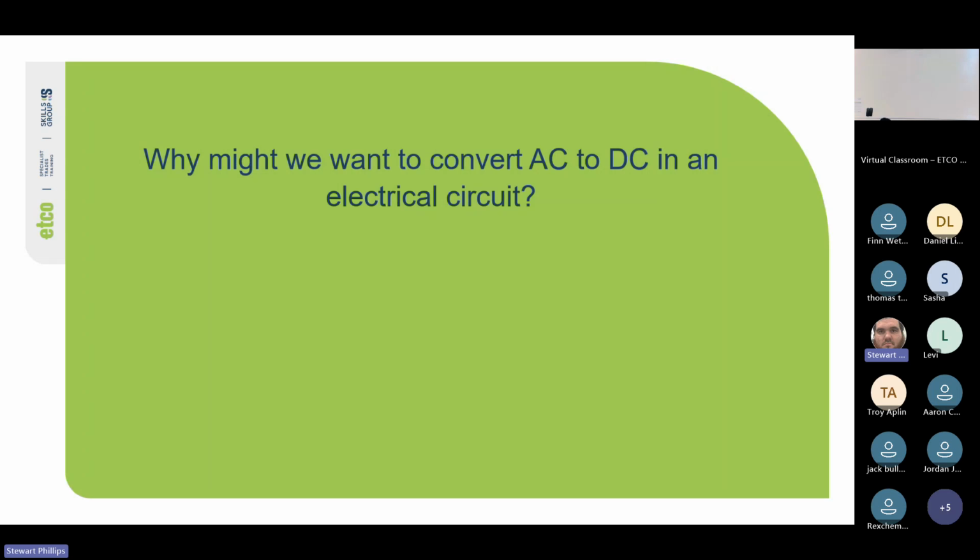Yeah, so our LEDs use DC, charging batteries. What else do you guys think? Yeah, if we only use DC, we're going to get no reactance. Yep.